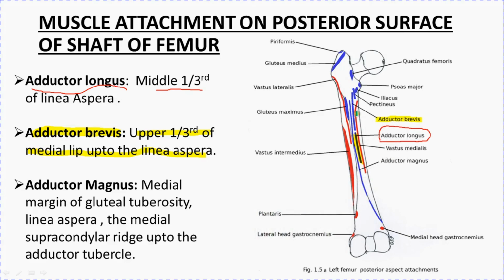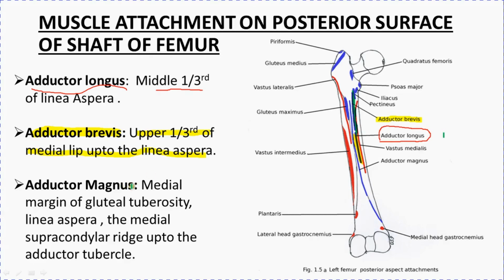It says it arises from the upper one third of the medial lip down up to the linea aspera. So this is the adductor brevis muscle. The one which is in green highlighter is the adductor brevis muscle.